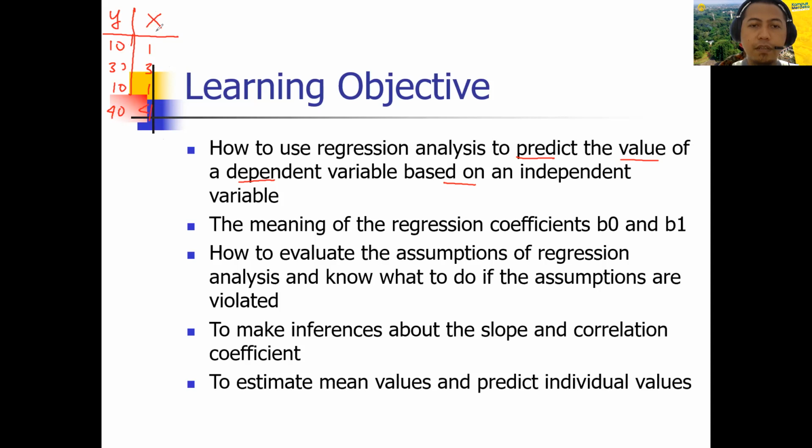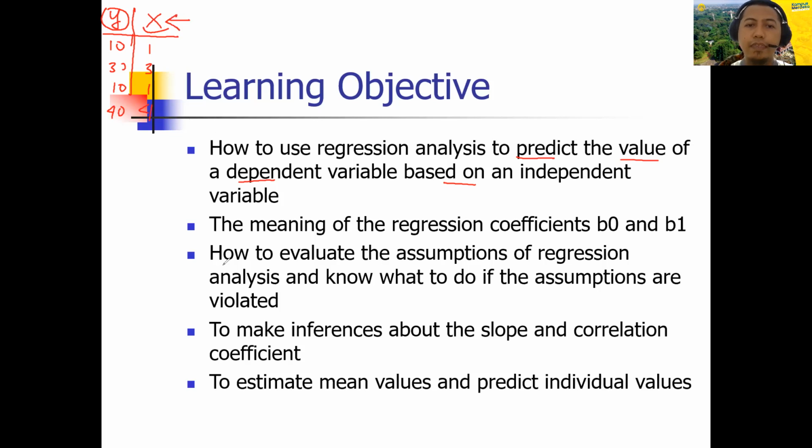Which variable can we say is dependent? It is y. Why dependent? Because the y variable depends on the variable x. And in this case, the independent variable is x itself.